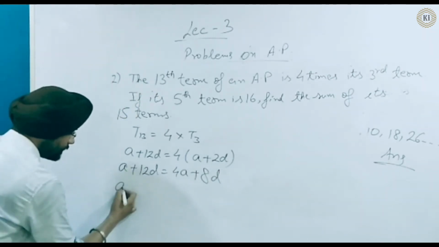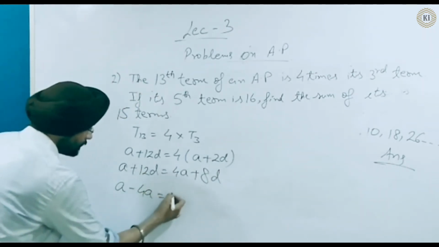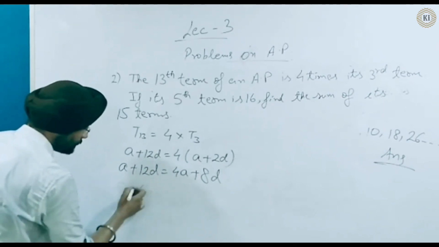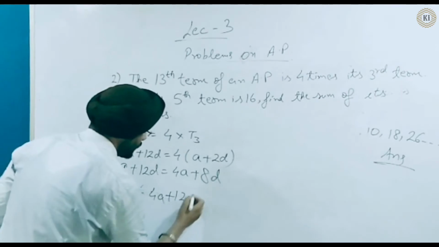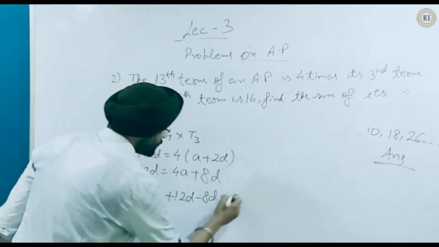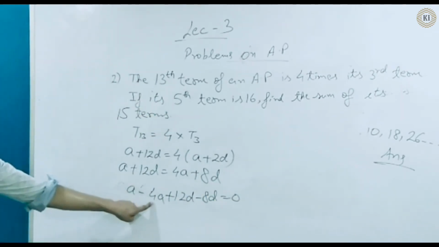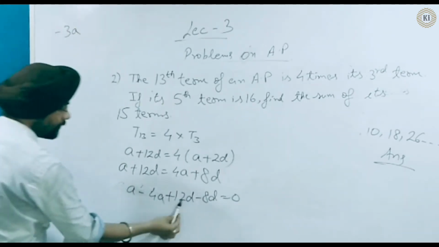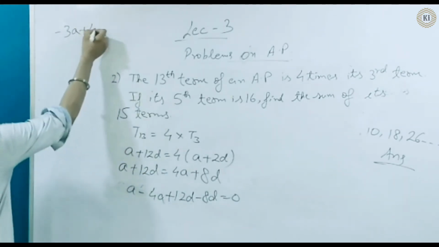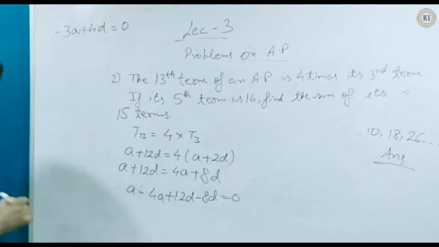Transfer this side: a minus 4a plus 12d minus 8d is equal to 0. So a minus 4a will be minus 3a, 12 minus 8 will be plus 4d, equal to 0. This will be our first equation.